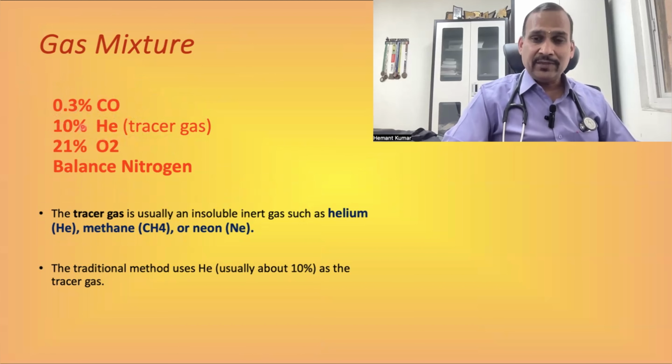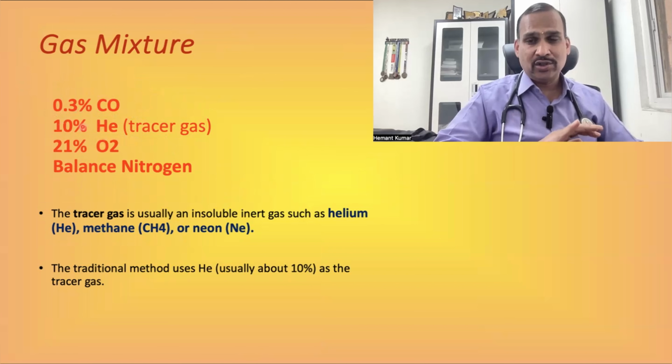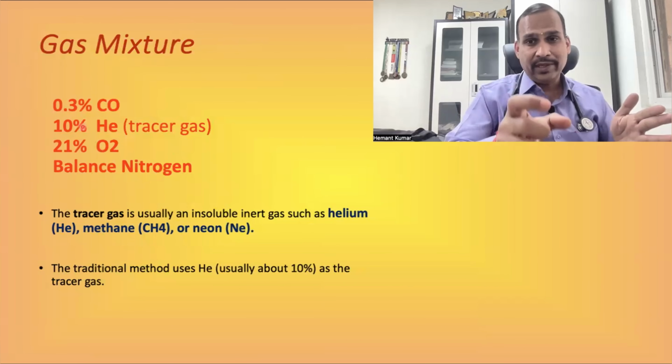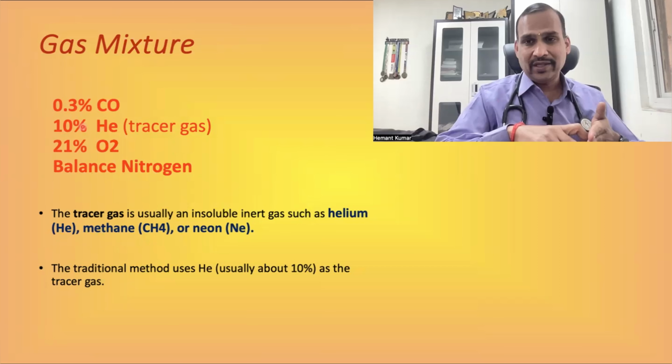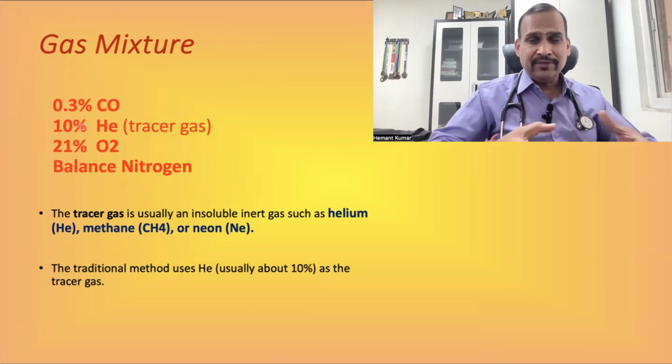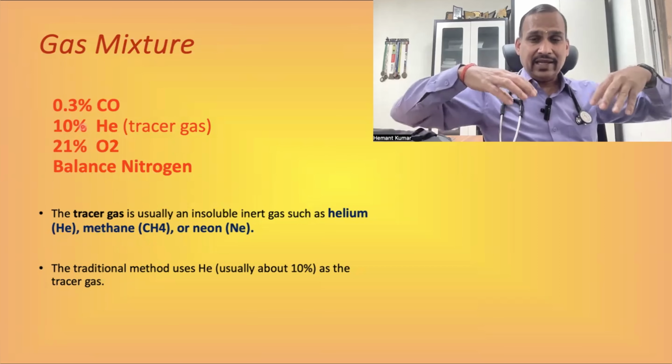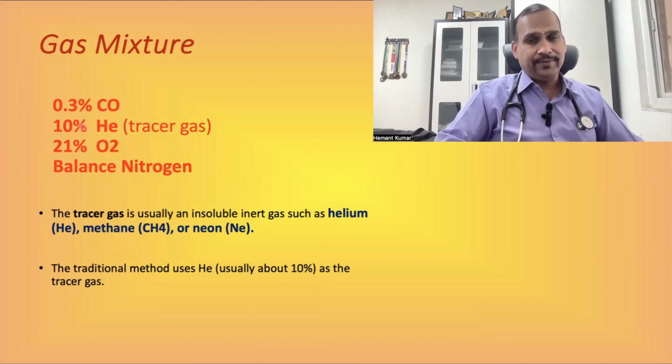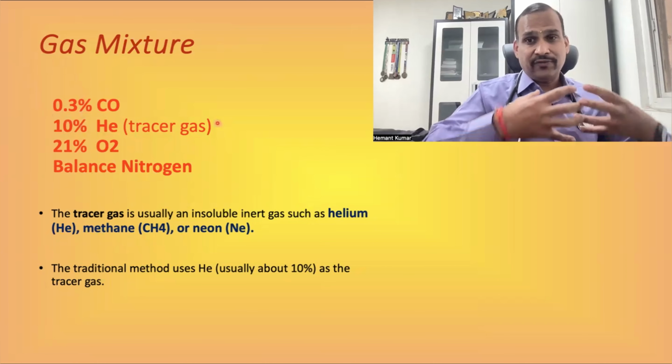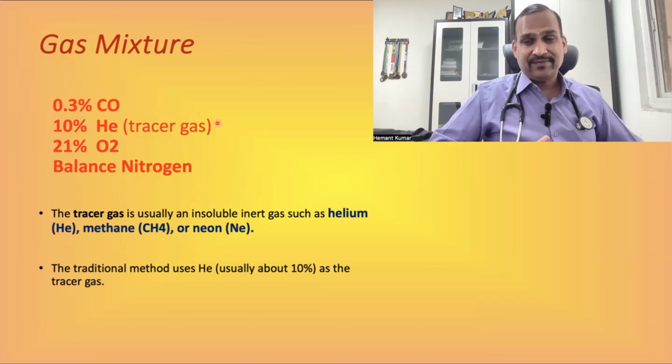So what's the role of helium? Helium is an inert gas. It is not soluble in the alveolo-capillary membrane. It does not get transferred from alveoli to blood. So whatever helium we inhale, we should exhale the same amount of helium. So it just measures the volume of gas in the alveoli.